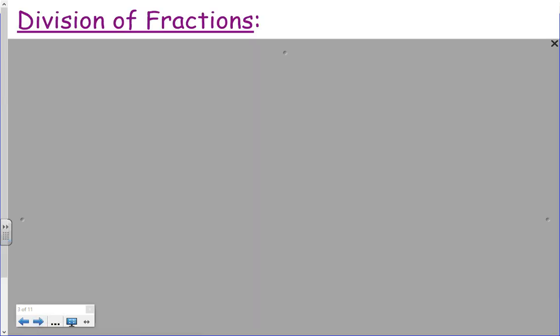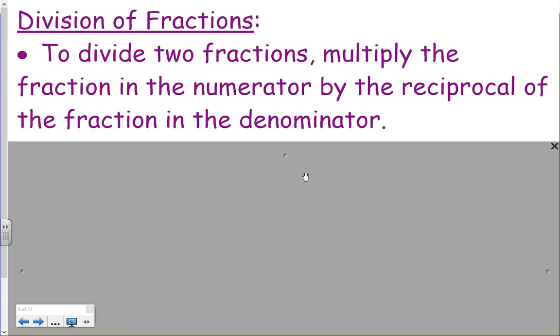All right. The next thing is the division of fractions. How do we divide two fractions? Well, the technique that we use here, if you want to divide two fractions, is we're going to multiply the fraction in the numerator by the reciprocal of the fraction in the denominator.